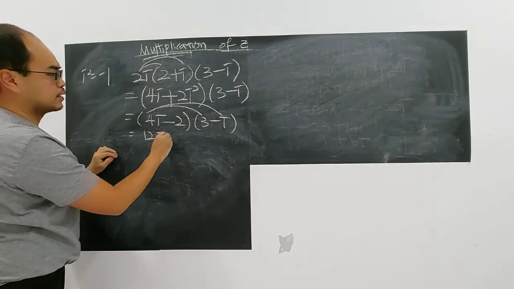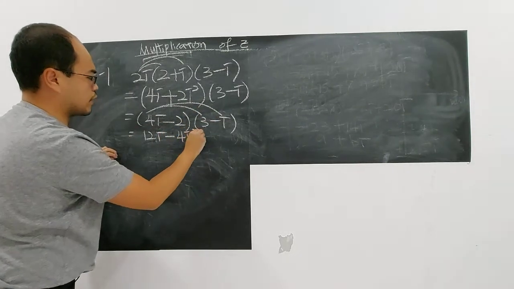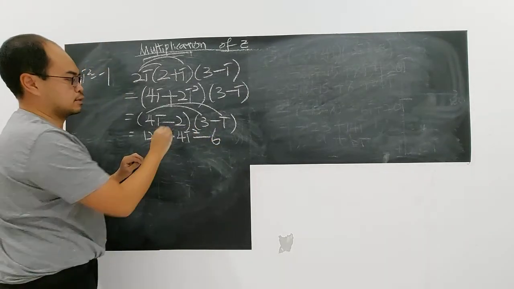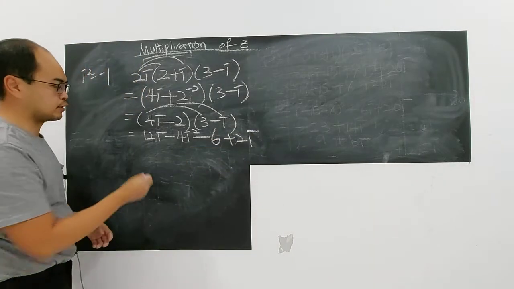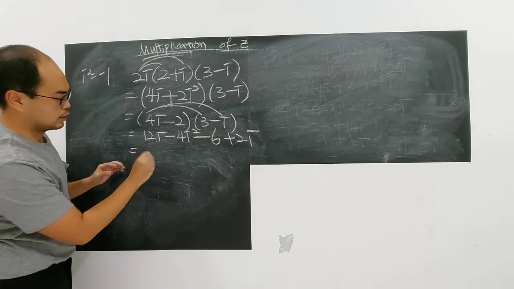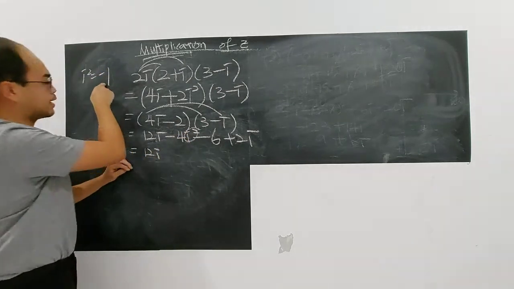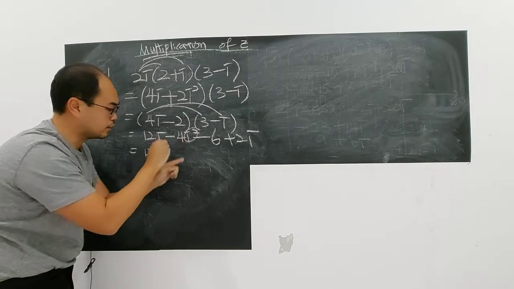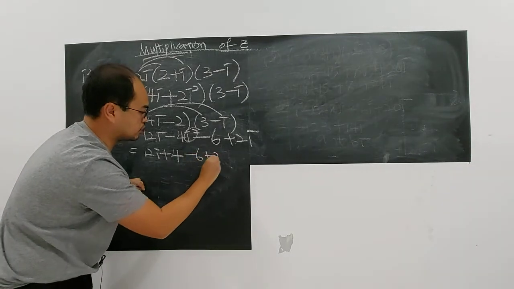And this one is negative 4i squared. Expand as usual. Do you remember what i squared is? i squared is negative 1. So negative 4 times negative 1, you get positive 4.